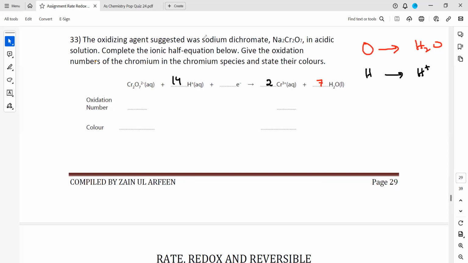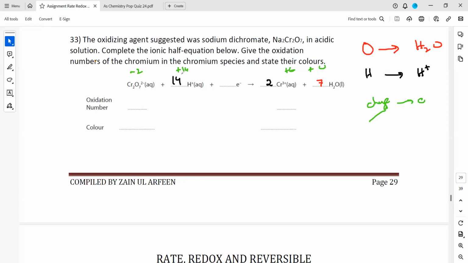Then the net charge should also be balanced. To balance the charge, we add electrons to the side where we have the greater charge. Here the net charge of the dichromate is -2. Here the net charge is +14. And here the net charge is +6. Here the net charge is 0 because water is neutral. So on our right hand side, we have a net charge of +6.